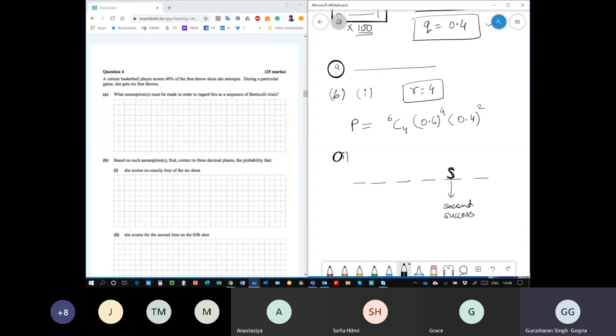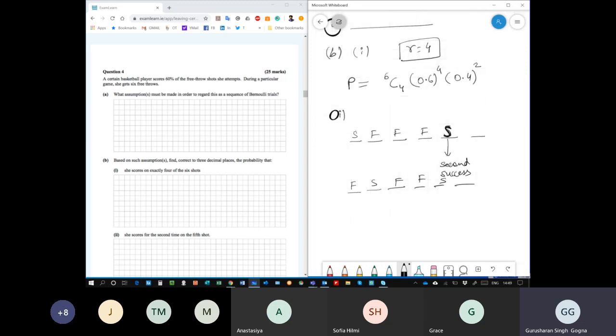Now, there are multiple possibilities here. She may get success in the first attempt, then fail, fail, fail, isn't it? Or she may fail in the first attempt, success here, fail, fail, and then success. So that's also the second time she gets success, on the 5th attempt.